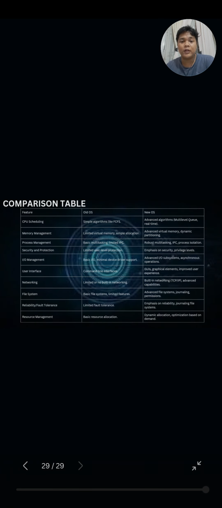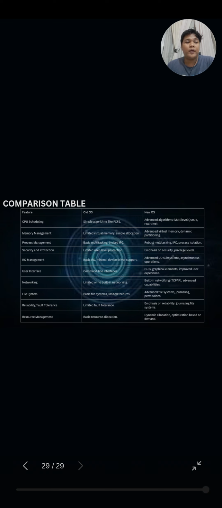The table shows the comparison between old operating systems and new operating systems in terms of CPU scheduling. Old operating systems have simple algorithms like first come first serve, while the new OS use more advanced algorithms like multi-level queue and round robin.